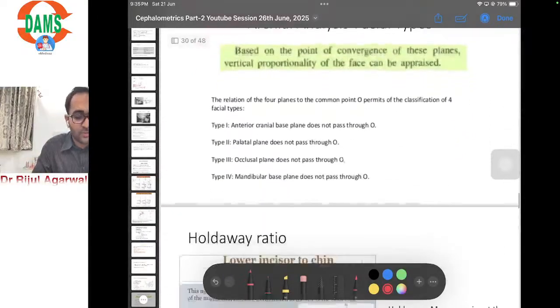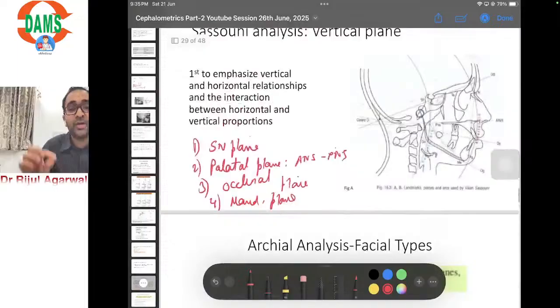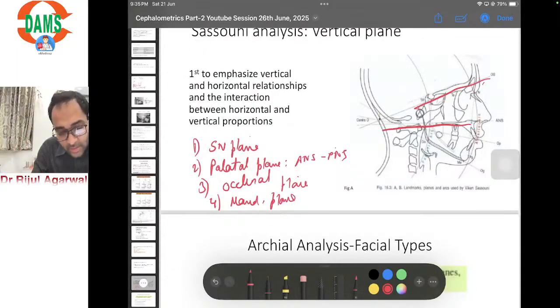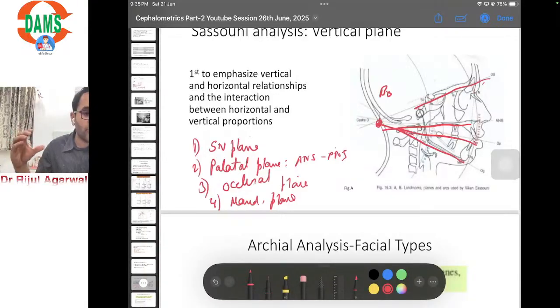Okay, and what he said was, in a balanced face, all these planes should pass and intersect through a point which is behind the occipital condyle. So which point is on the occipital condyle? Point Bolton, BO. Okay, so all these 4 planes, when extended backward, should meet and intersect at a point, that is point O, which is behind the occipital condyle in an ideal face.